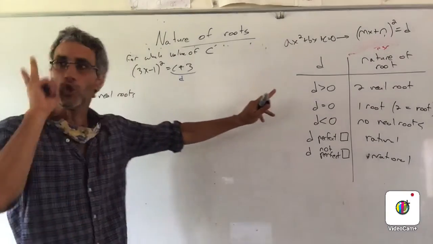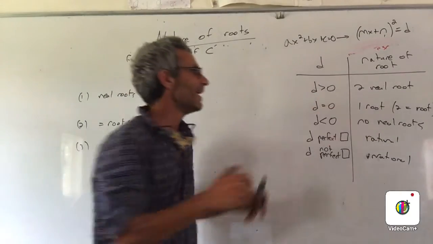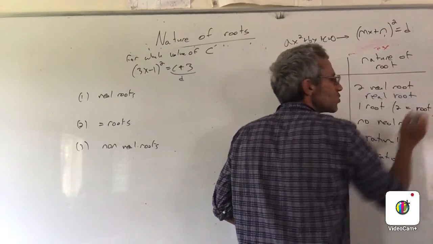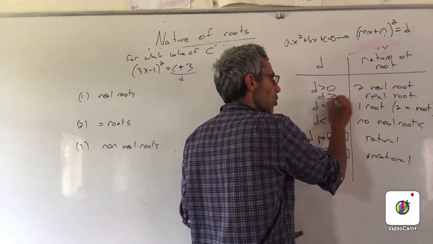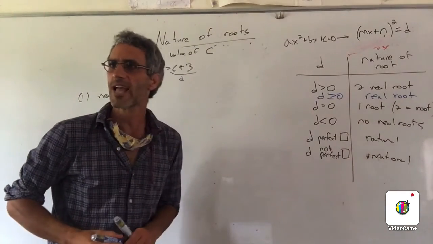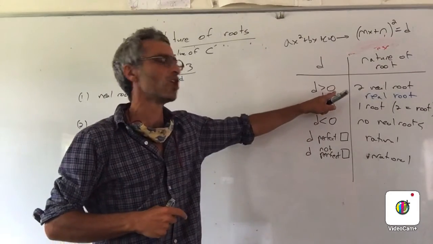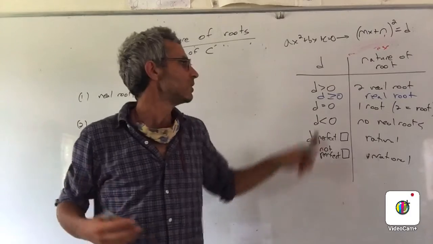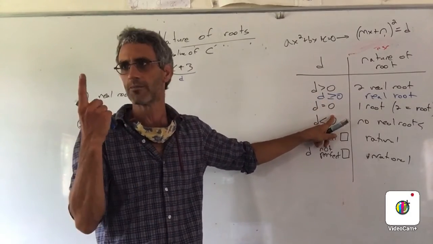If I want to have two real roots, then D must be larger than 0. If I want to have just real roots, it could be 1, it could be 2. Then what do you reckon D needs to be? Bigger than or equal to 0. You understand what I'm saying here? So if they ask you two real roots, yes, D larger than 0. But if they ask you real roots, whether 1 or 2, then it needs to be larger or equal to 0. Equal to 0 is still giving you a real root, just 1.